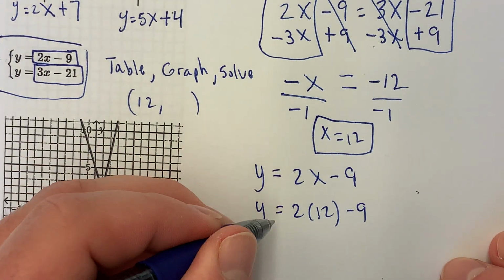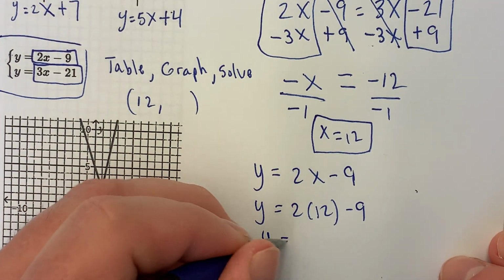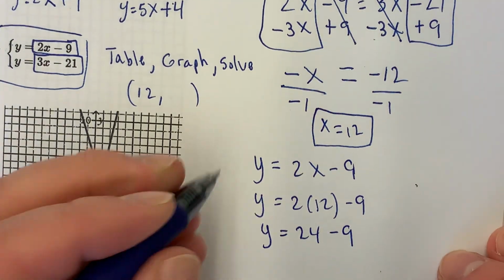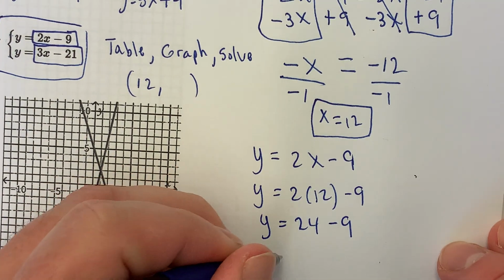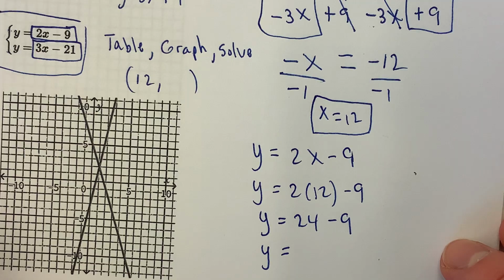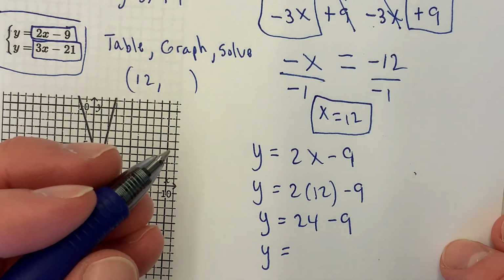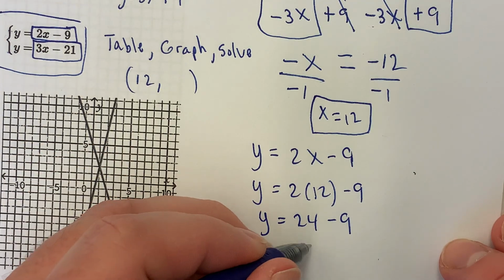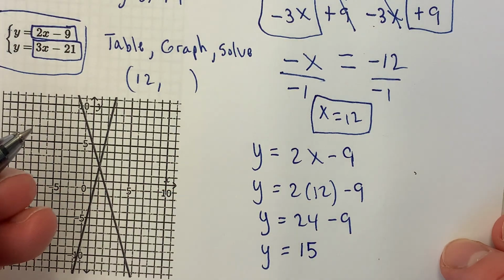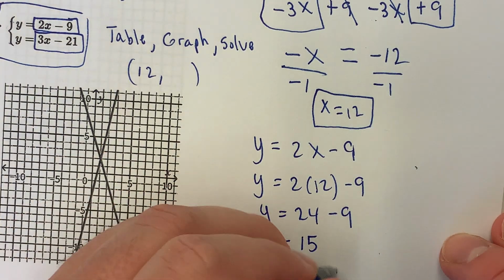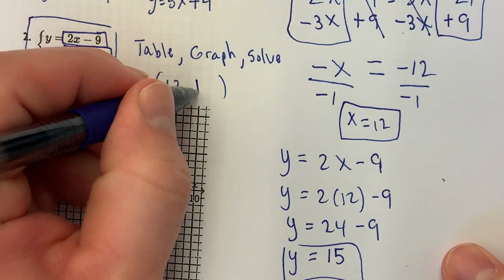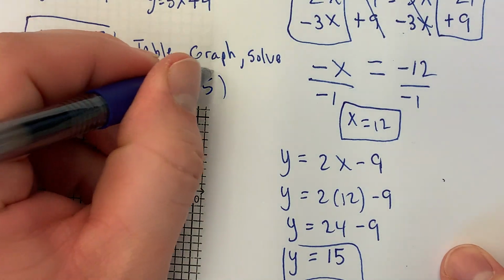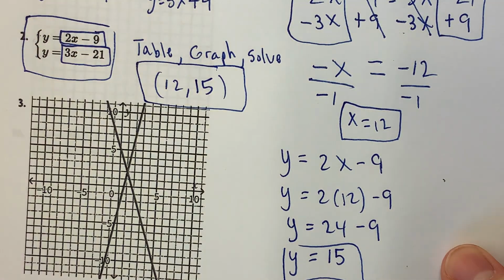Two times 12 is 24, so y equals 24 minus 9. And then use your calculator and figure out what 24 minus 9 is. 15. Go back and finish our solution. The answer is 12, 15.